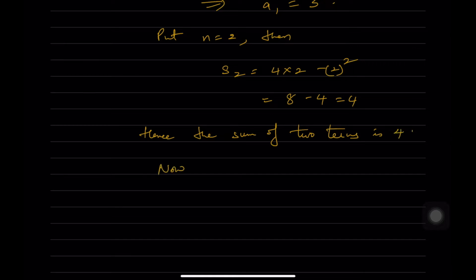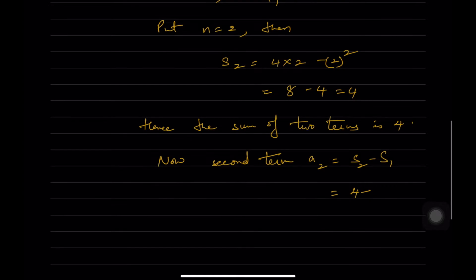Now second term is equal to A2, which is equal to S2 minus S1. That is, S2 we got as 4 and S1 is 3. So we are getting it as equal to 1.